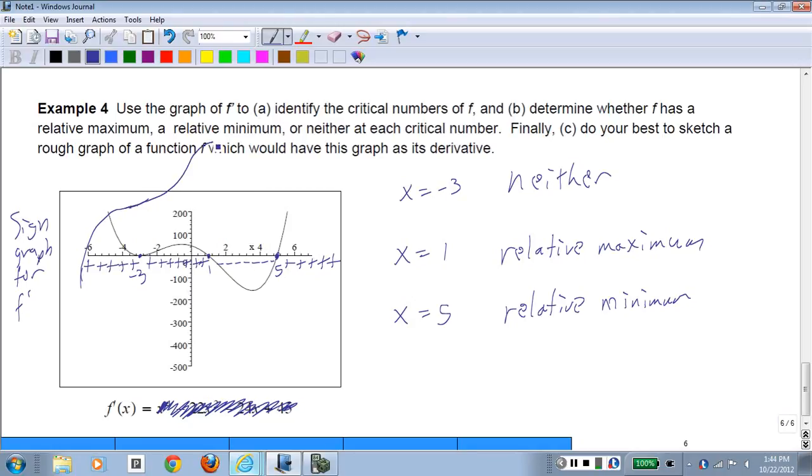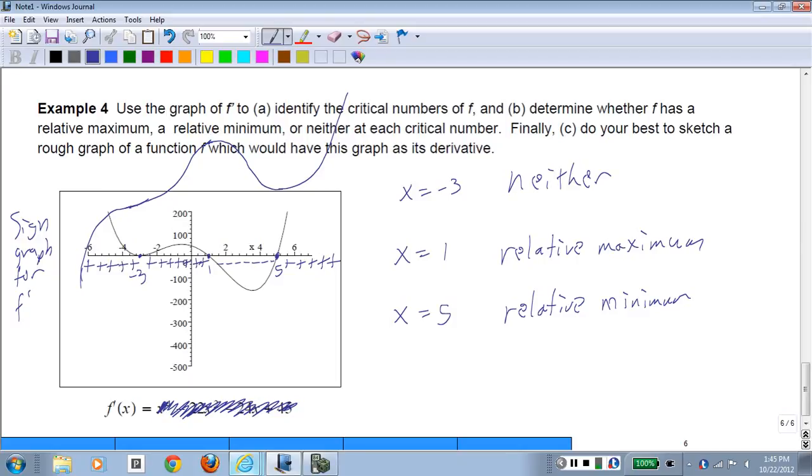Maxes out at 1, and then comes back down, and then a minimum at 5, and then increasing the rest of the way. So something sort of like this. It's freehand, so it could be off in proportions. But to reconstruct the original function, these are some considerations. If we had additional considerations involving the second derivative, concavity and inflection points, which we'll see in 4.4, then we can be a little more precise with it.